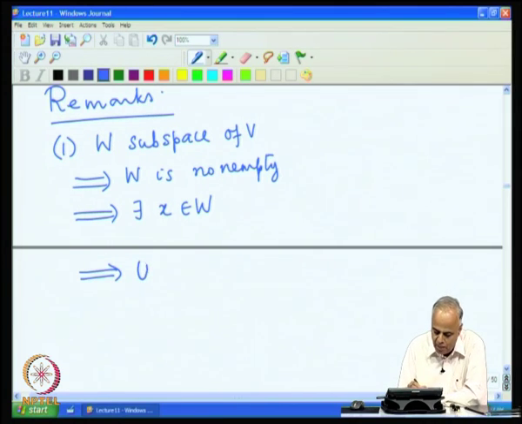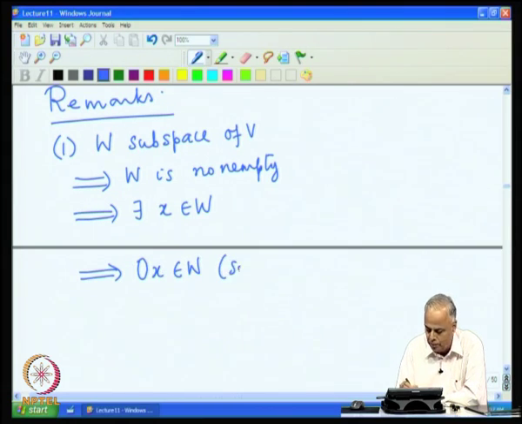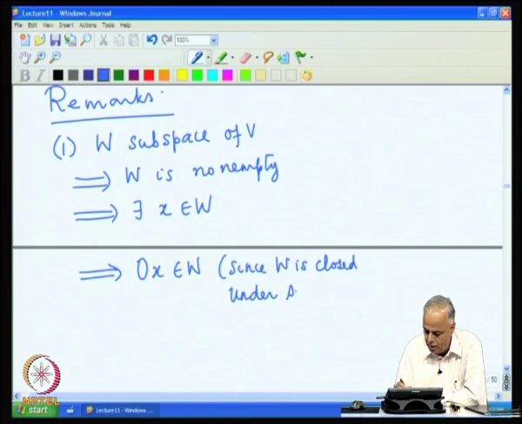So, if I multiply by the scalar 0, that must also be in W, since W is closed under scalar multiplication.